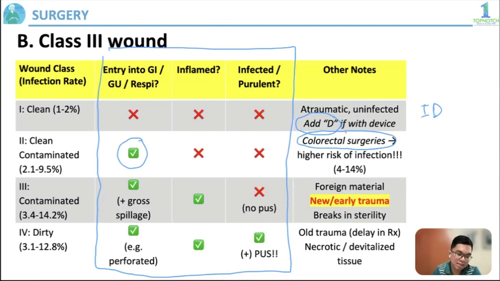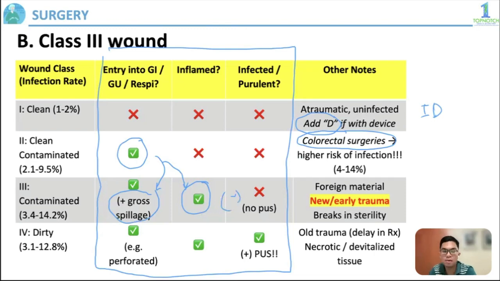Okay? Tapos next, class 3 contaminated. So nag-enter ka, tapos unfortunately, nagka-gross spillage. For example, may intestinal material or food na lumabas when you did your incision, pwedeng ganun. Or if the part of the body that viscus is already inflamed. So may inflammation. Okay? But it is not yet infected.